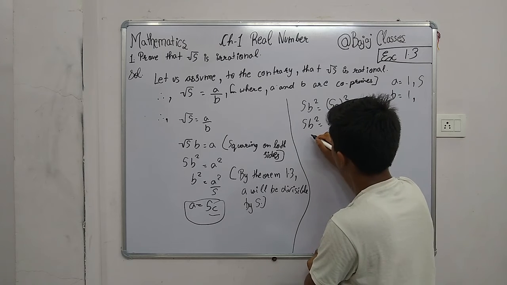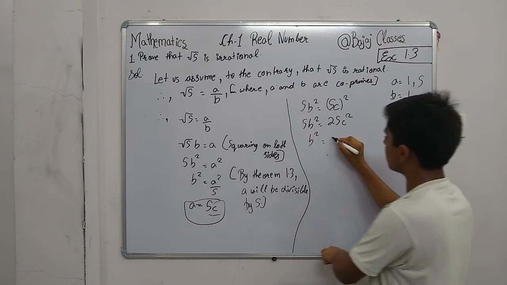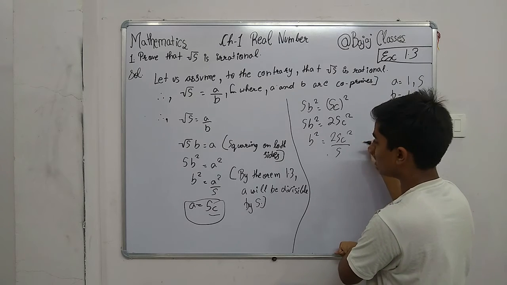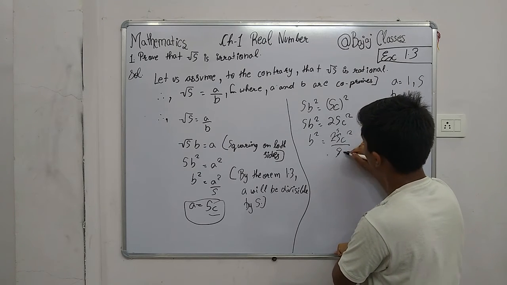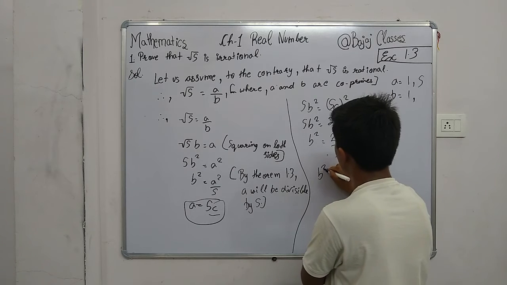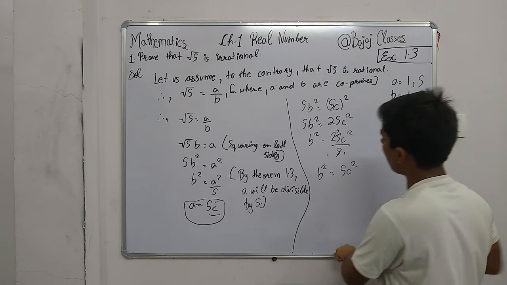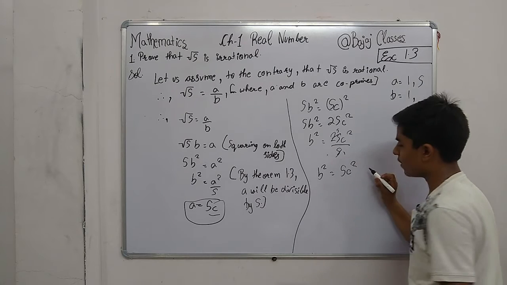Now we will take this 5 here. b square equals 25c square upon 5, which is only 5, so b square equals 5c square.